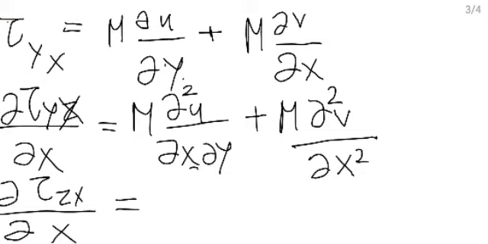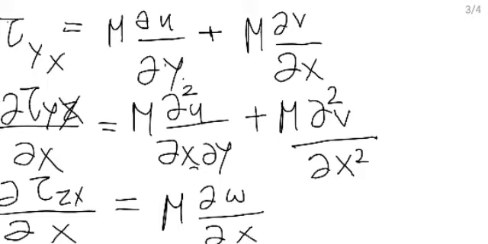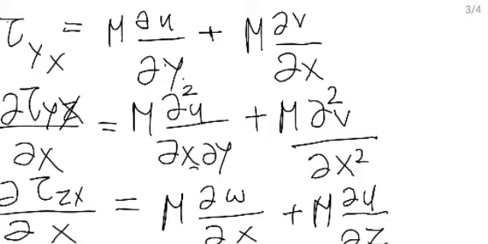Tau zx is given by mu dou square w by dou x square plus mu dou square u by dou y z. So again integrating with respect to x, dou square u by dou z. I think you are getting into my point.